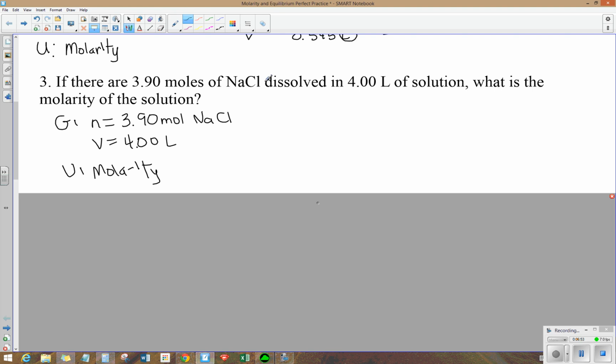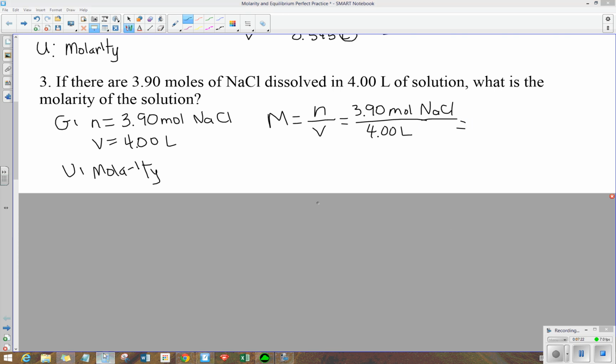All right, so molarity is equal to moles over volume. So 3.90 moles NaCl over 4.0 liters.